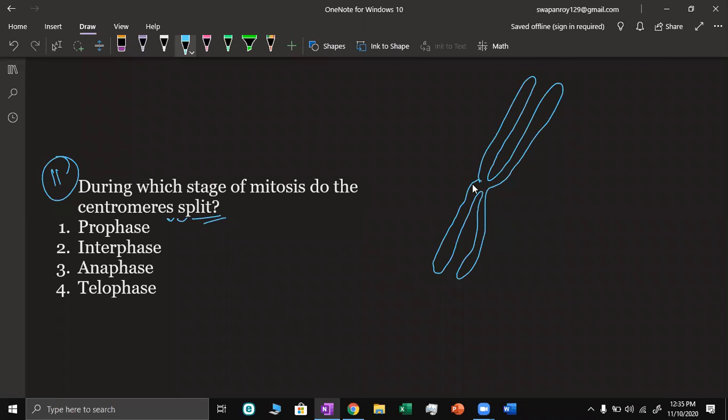Centromere is the site where the two chromatids of a chromosome are attached.